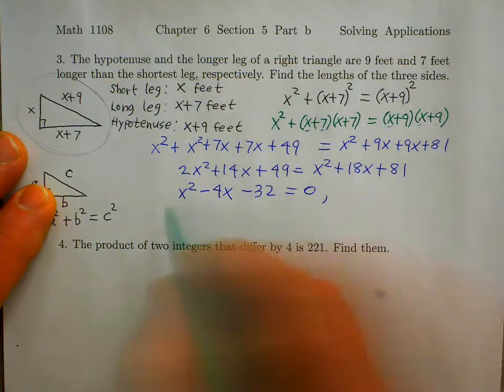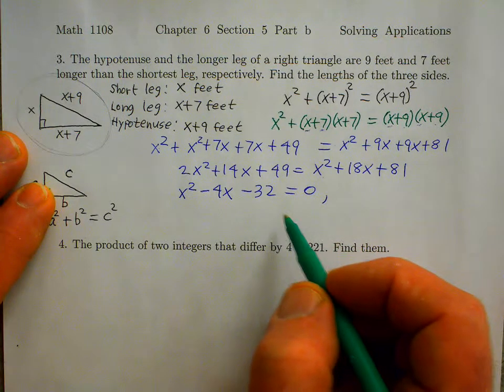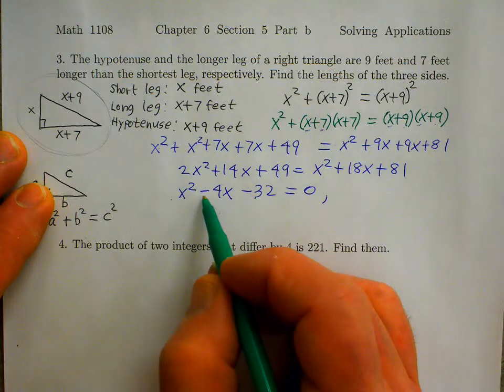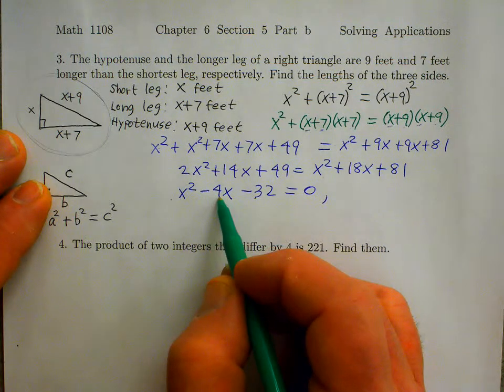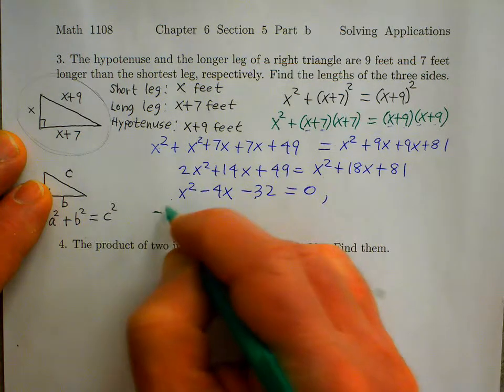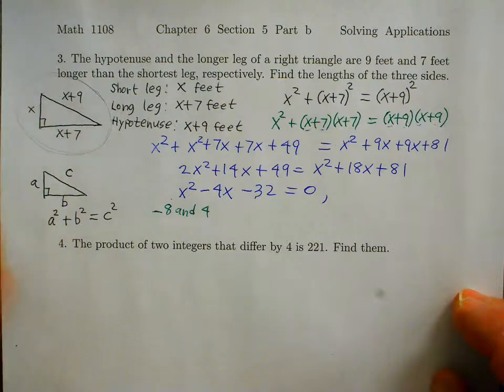So just note, that's the first part of the AC method, finding two integers that have a product of 1 times negative 32 and add up to negative 4. So negative 8 and 4 are the two integers.